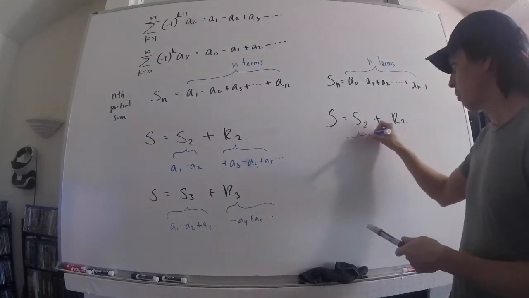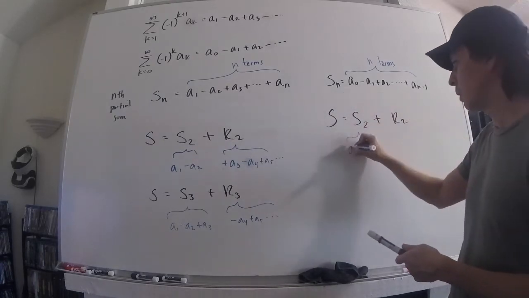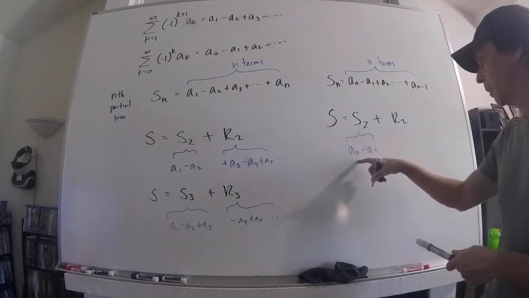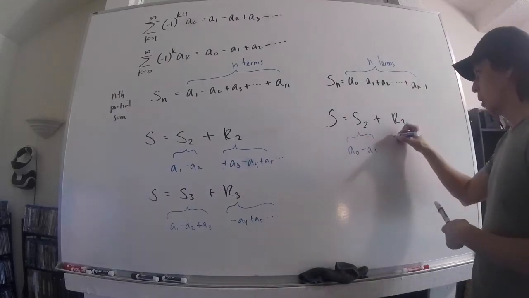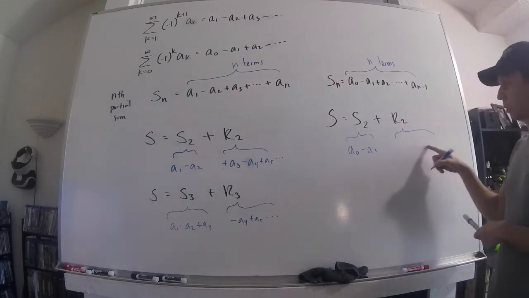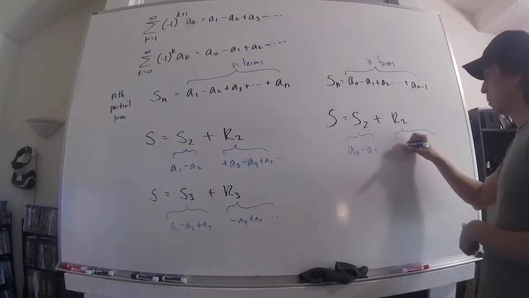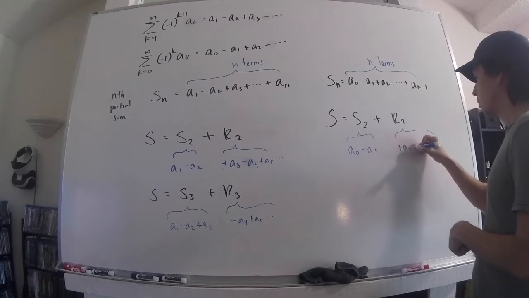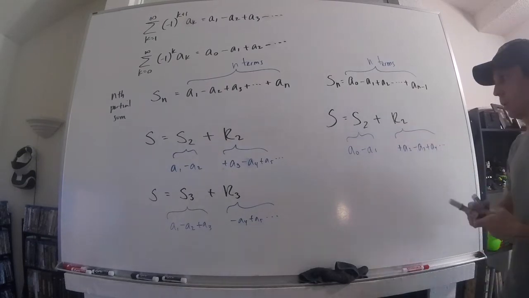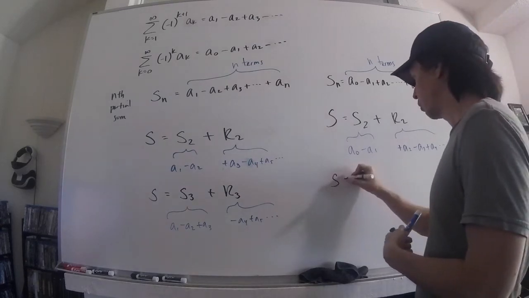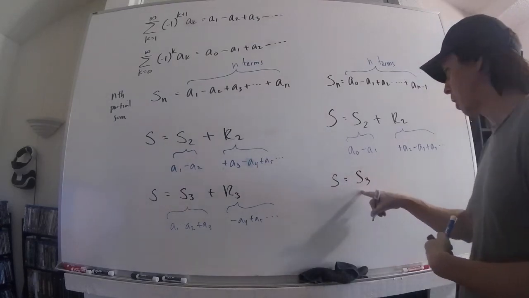Be conscious that S2 is now A0 minus A1. It's the first 2 terms still, but they are indexed differently. So the neglected terms are A2 minus A3 plus A4, dot dot dot.